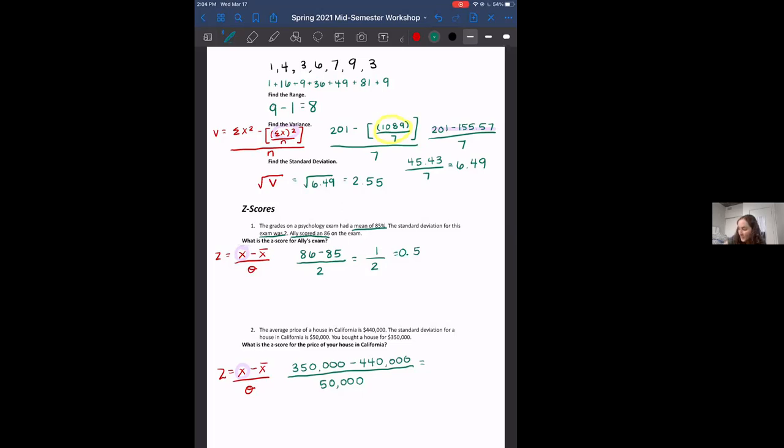Negative 90,000. Yes, thank you. So negative 90,000 divided by 50,000. What do you get when you plug that in? Negative 1.8. Yes, so our z is equal to negative 1.8. Does anyone have any questions on that one?